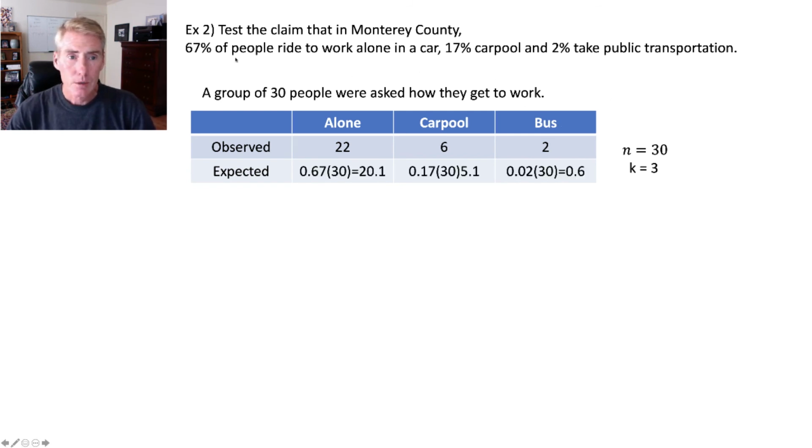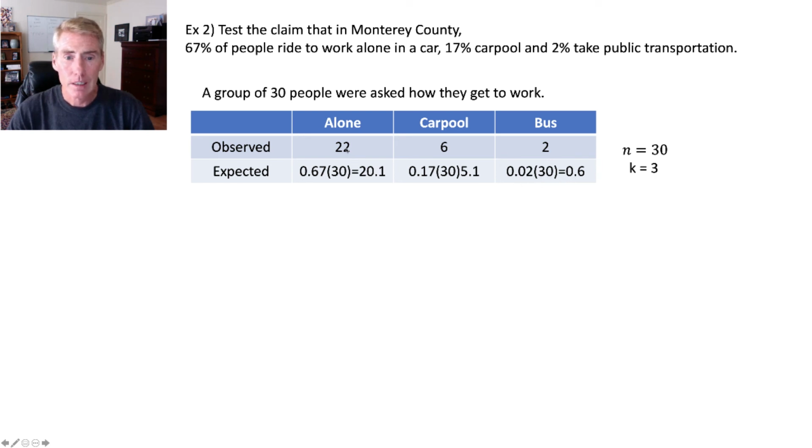So then take each one of these percentages, 0.67 for the 67%, so 0.67 times the n, so this is the p times n, that one equals 20.1. Then the next one is 17%, so that's 0.17 times 30. Oops, I forgot my equals sign. That's supposed to say equals 5.1. And then the last one is 2%, so that's going to be 0.02 times 30 is 0.6.